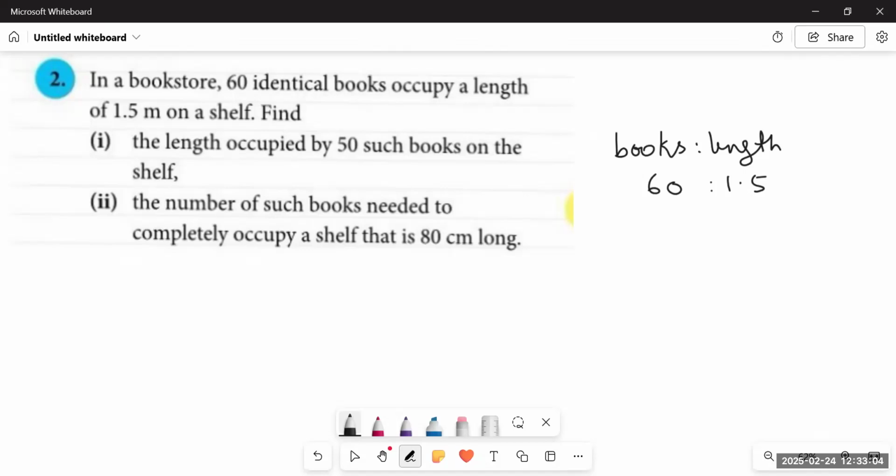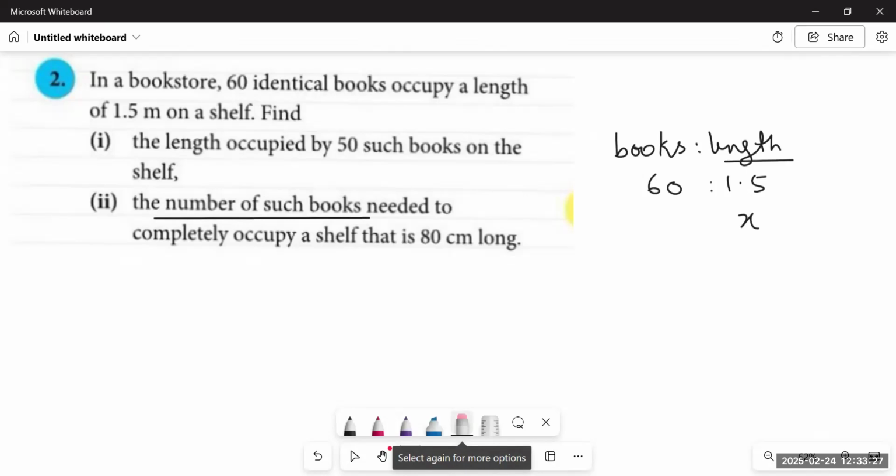Then they are asking us in the question, find the length. It means we have to find the length. If we have to find the length, this would become X. And if we have to find the number of such books, then this would become X. Okay, it means in part 1, length would be X in the next ratio, and in part 2, books would be X in the next ratio.